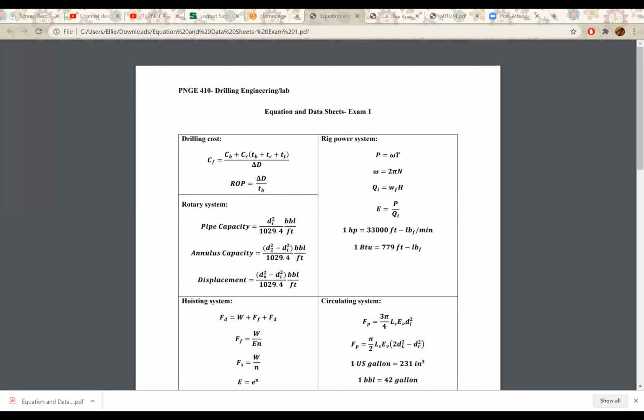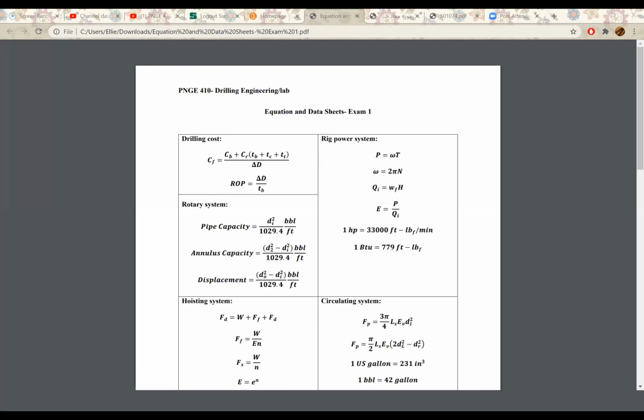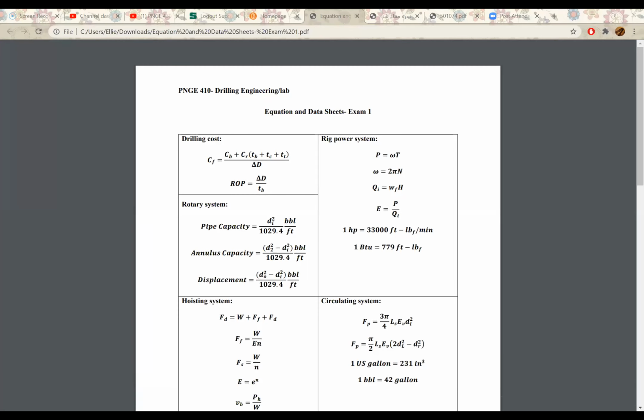All right, here you go. So this is your equation and data sheet. There are several parts here, starting with the drilling cost calculation.